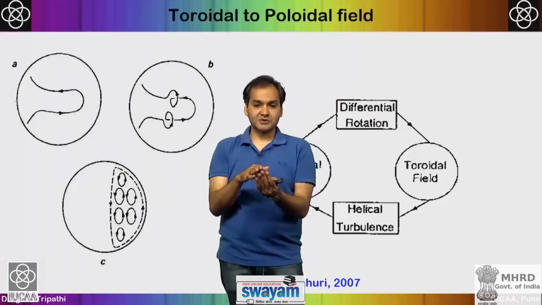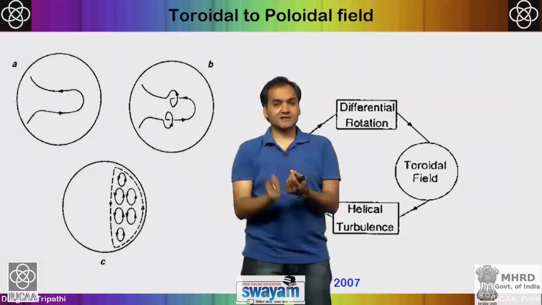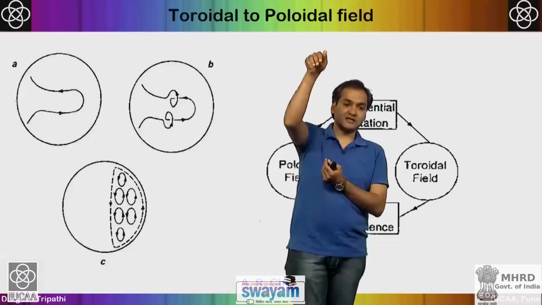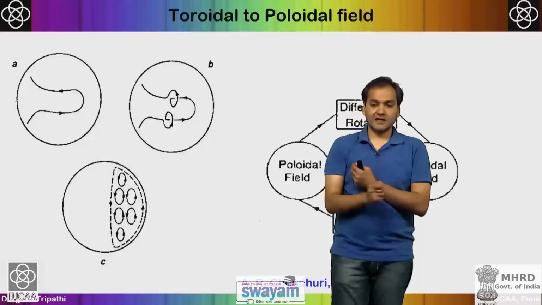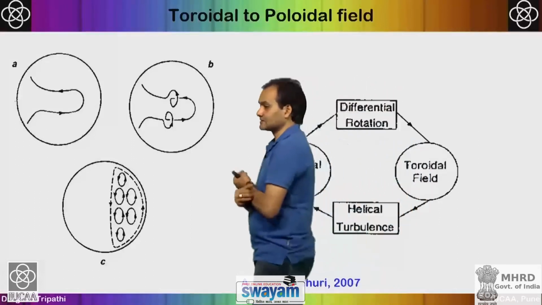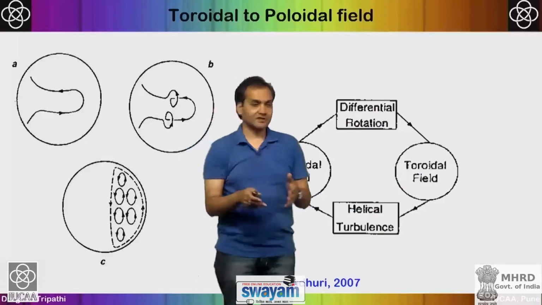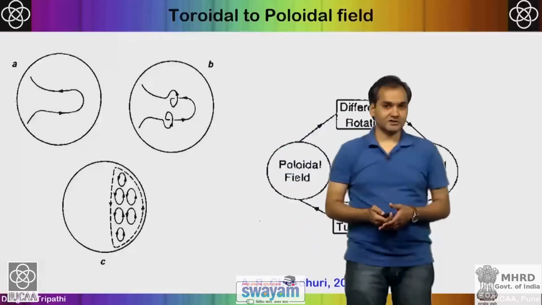That provides a lot of shear, and the shear stretches the field, which becomes very weak while going from the pole, and amplifies it, creating a stronger magnetic field, which then pops out and forms sunspots.